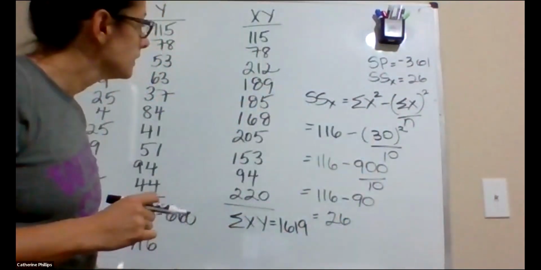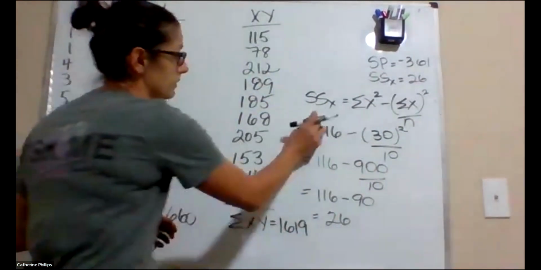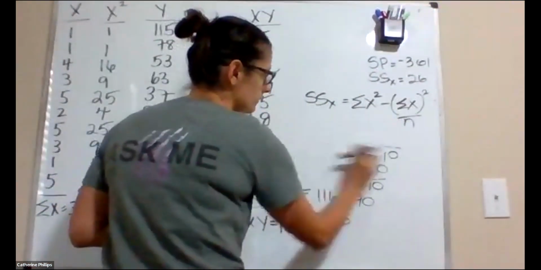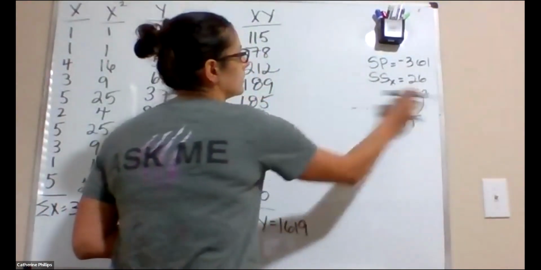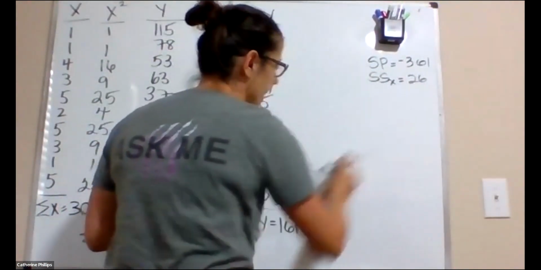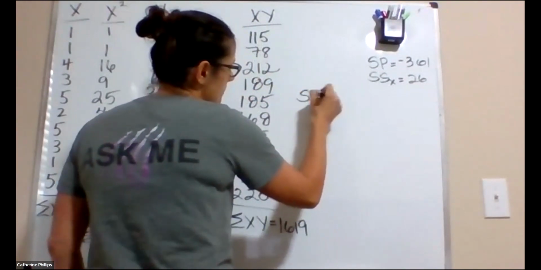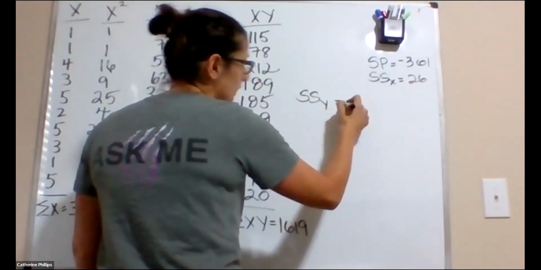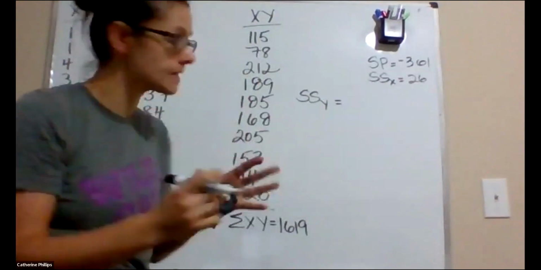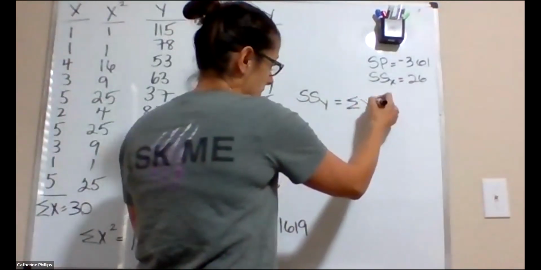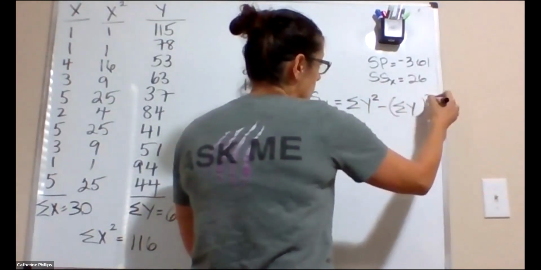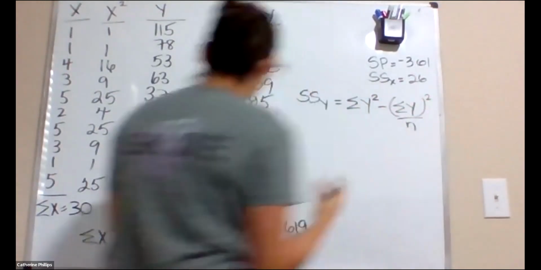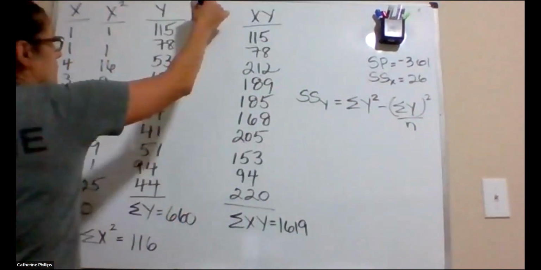Then I need the sum of squares for Y. I'll use essentially the same formula, but with Y in there. So sum of squares Y is the sum of the Y squared, subtract the sum of Y squared divided by N. So I need Y squared over here.